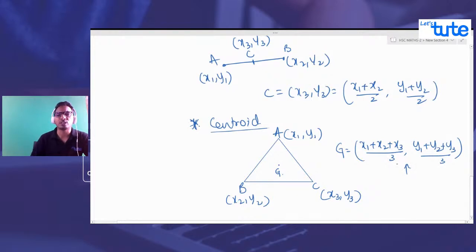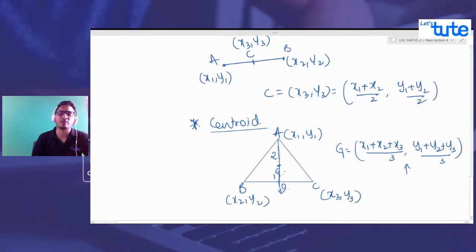One of the facts which I wanted to let you know is, when we have a median, okay, so this is the median, the point G divides the median. Suppose this is AD, in the ratio 2:1.